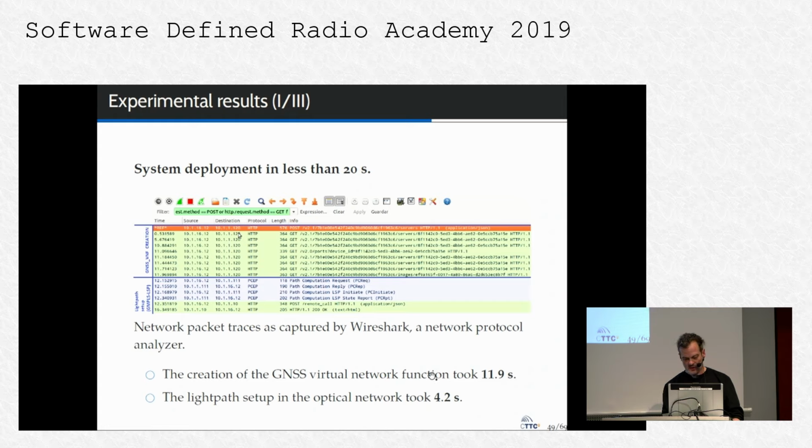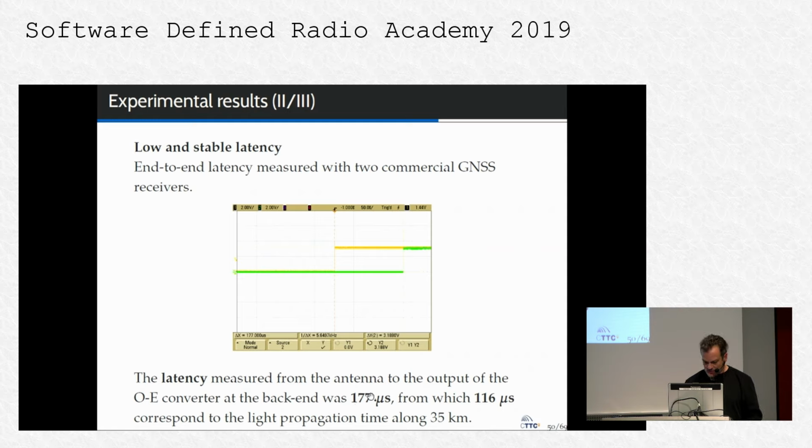We also saw that the latency was very stable, and we could measure it, so this is really good. From our measurements, we got that the latency was 177 microseconds. Most of it was the light propagation in these 35 kilometers of fiber. So the latency is pretty much controlled.